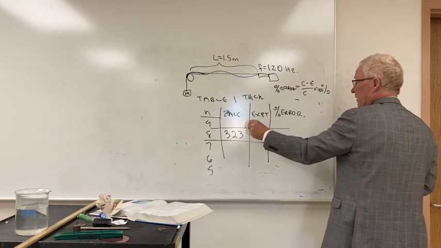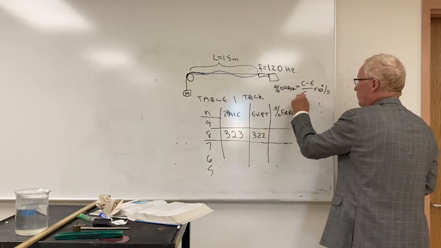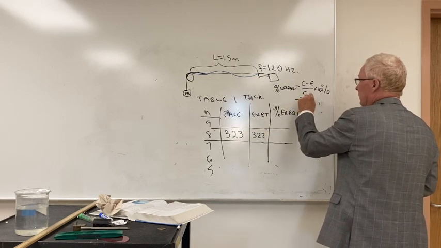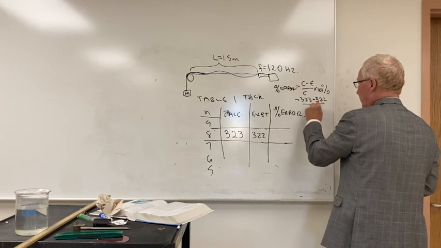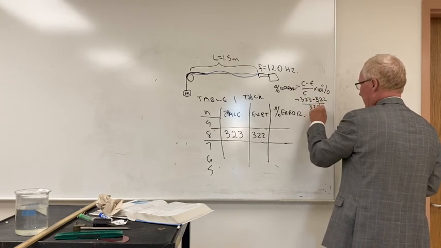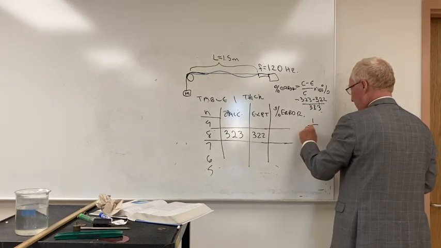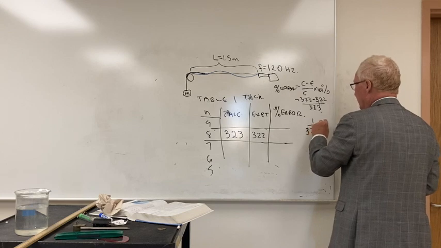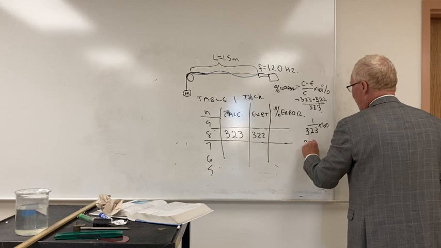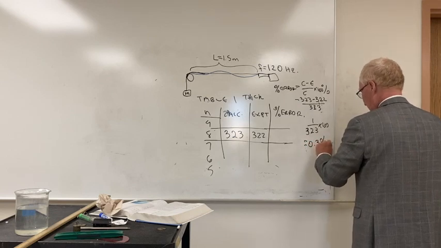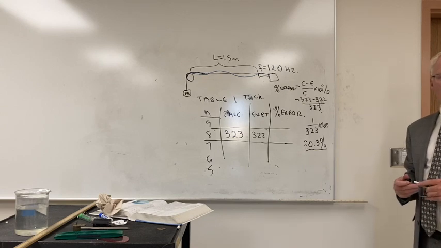So that would be 323 minus 322 over 323, which would be 1 over 323 times 100, which is roughly 0.3%. So we're very close to that.